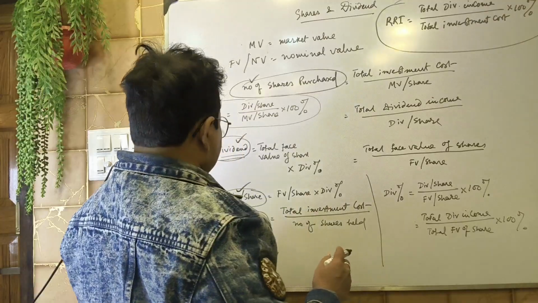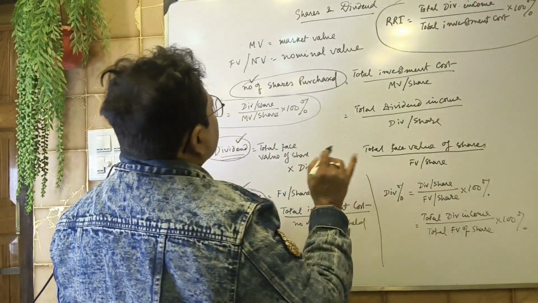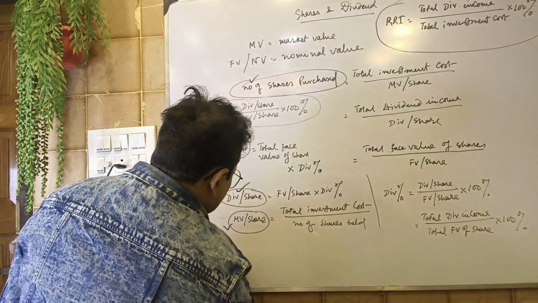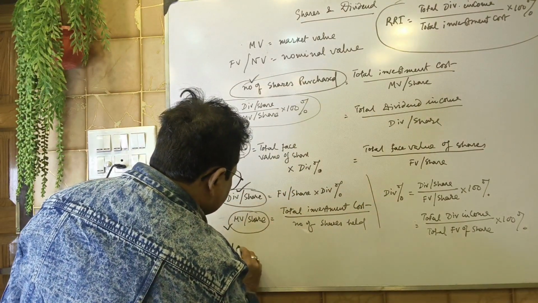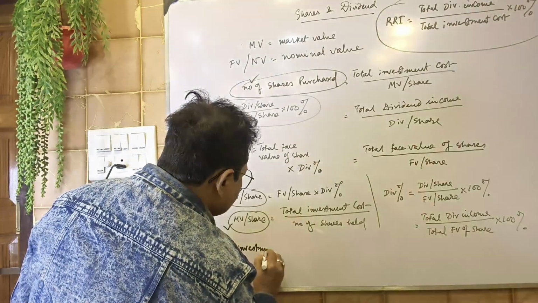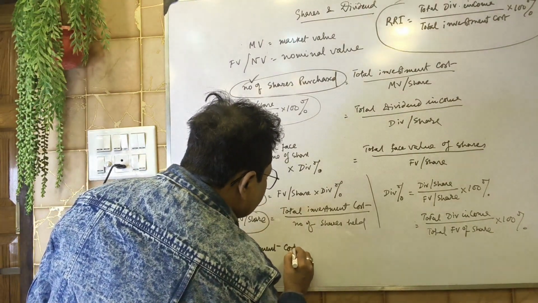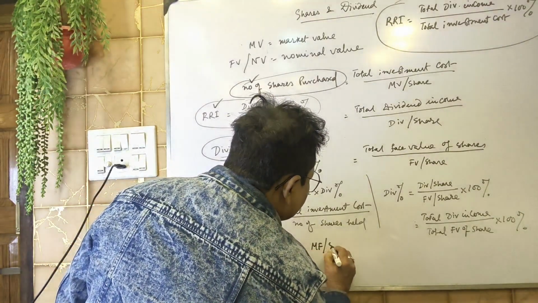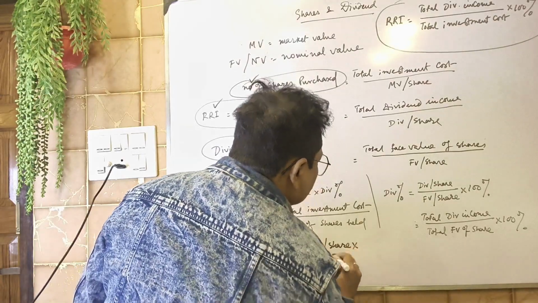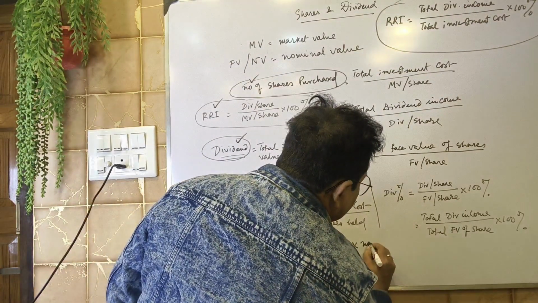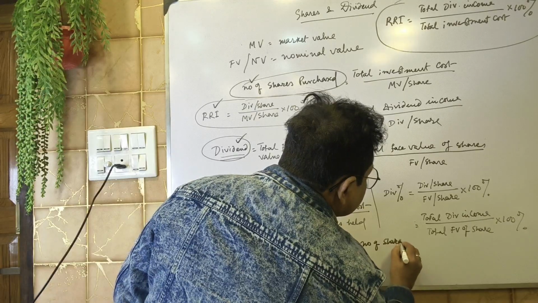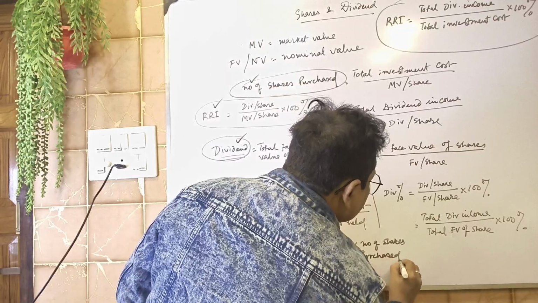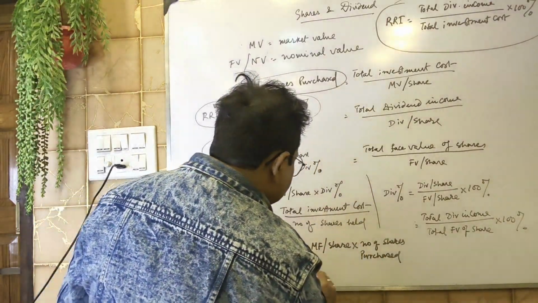How to find total investment cost, that I have not given, where I will write market value total investment cost by the shareholder. Total investment cost is equal to market value per share into number of shares held, number of shares purchased. This is the total investment cost.